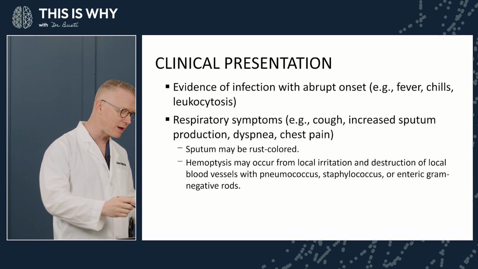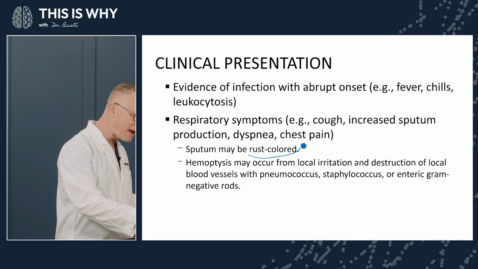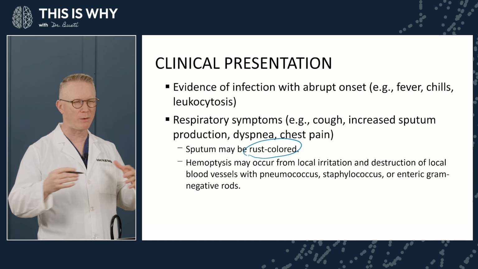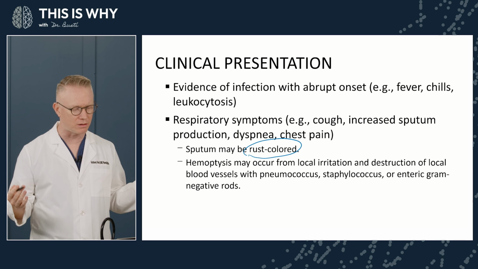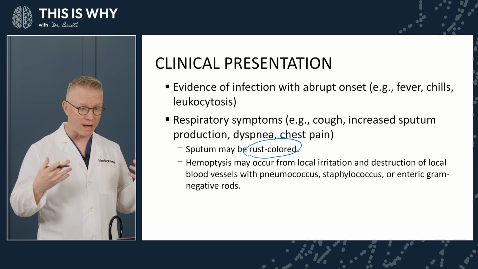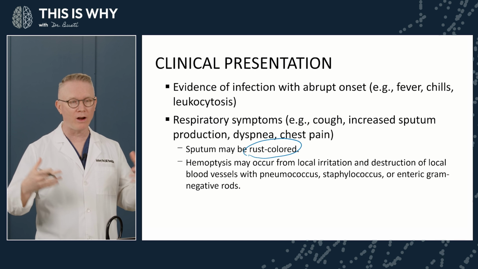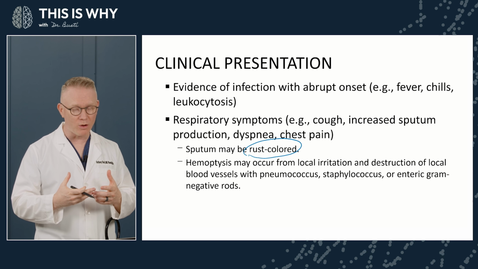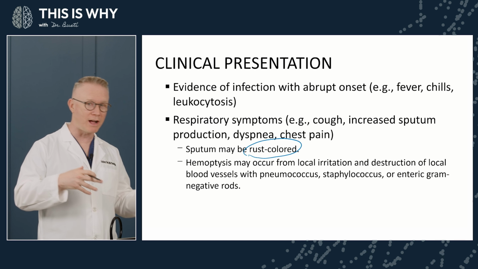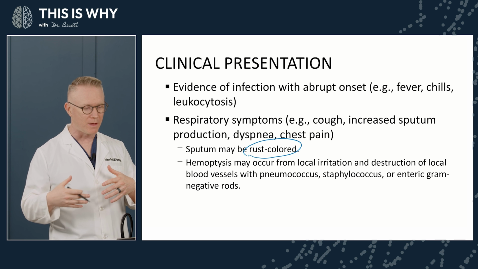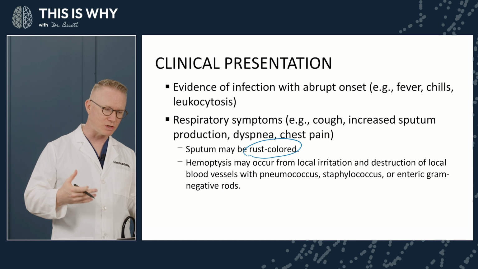Now, sometimes when we think about the sputum, it can be rust colored. Now, why would it be rusty colored? Well, remember, the airways have to warm the air. There's a lot of blood flow coming in and out to oxygenate and get rid of metabolic products like CO2.